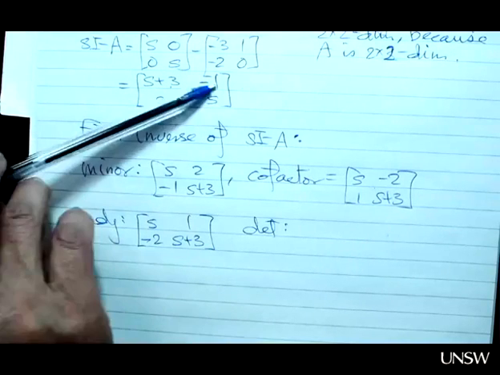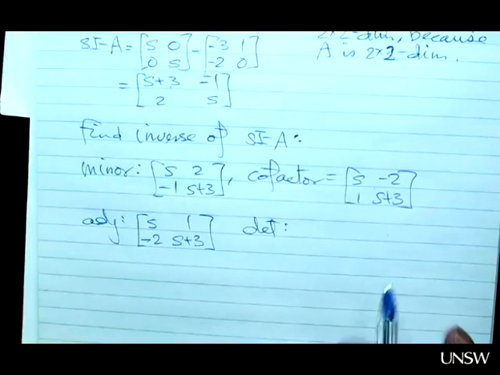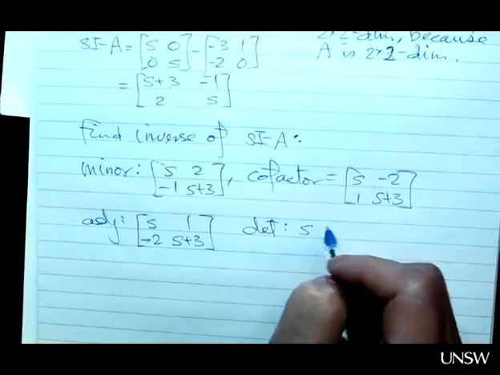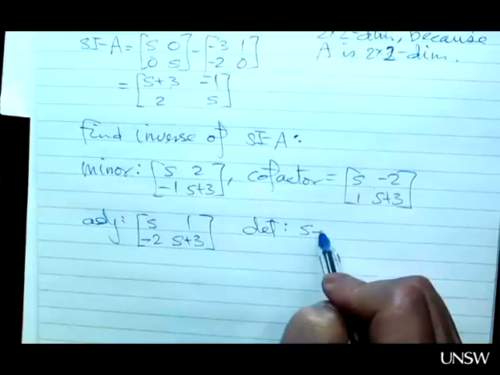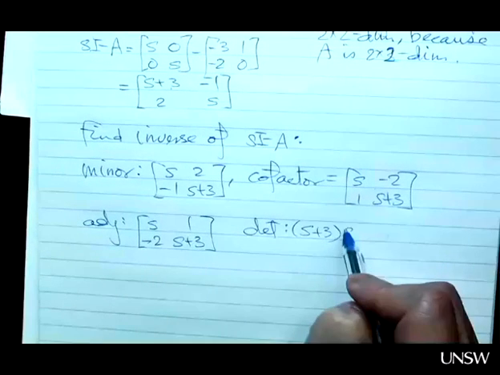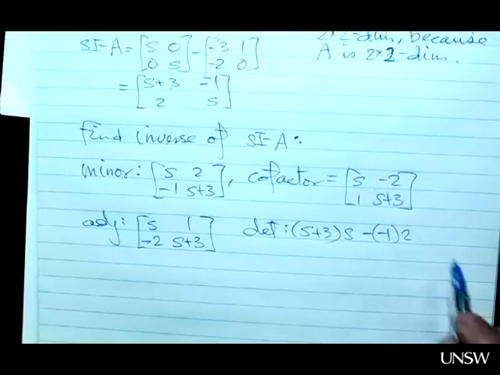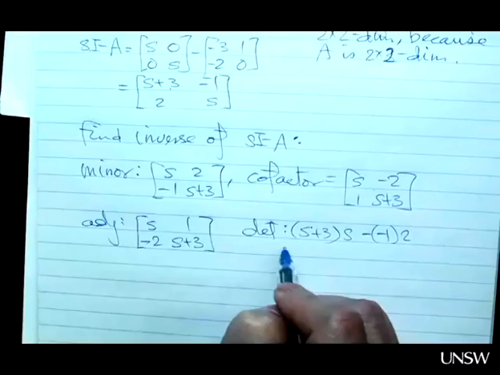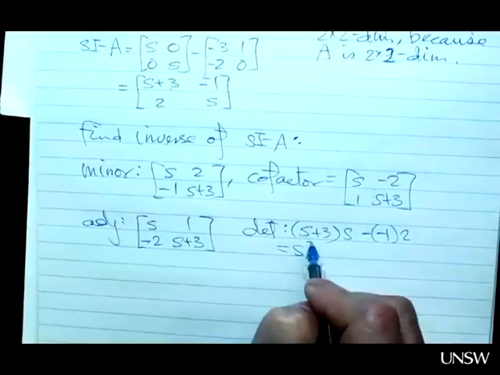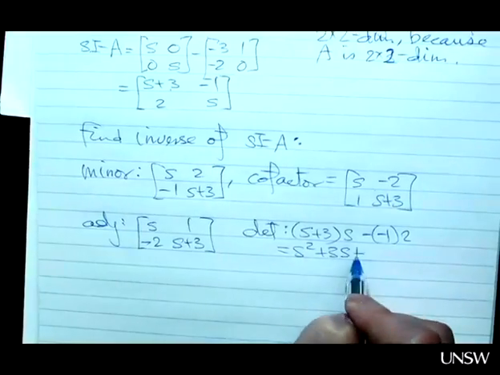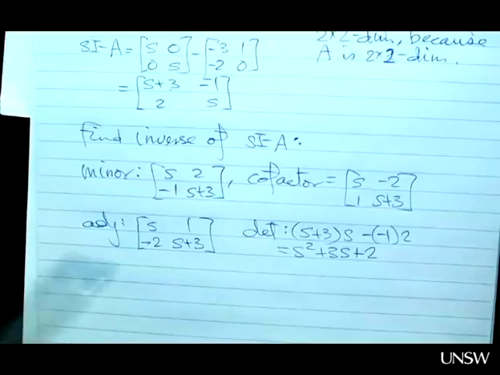So it is s plus 3 multiplied by s, and then subtract minus 1 multiplied by 2. So it is s squared plus 3s plus 2. This is the determinant.